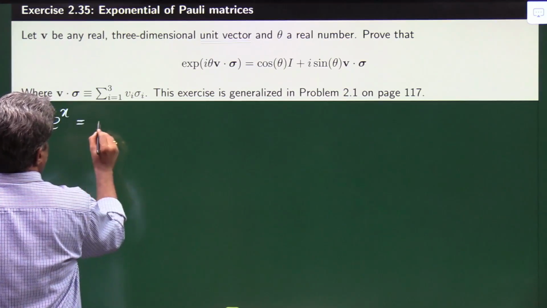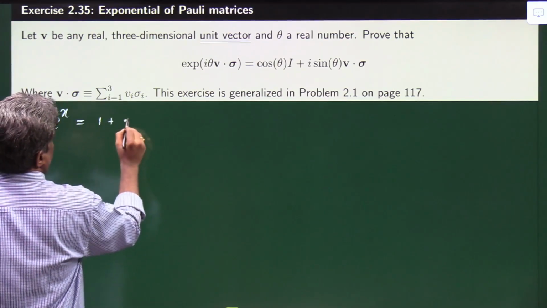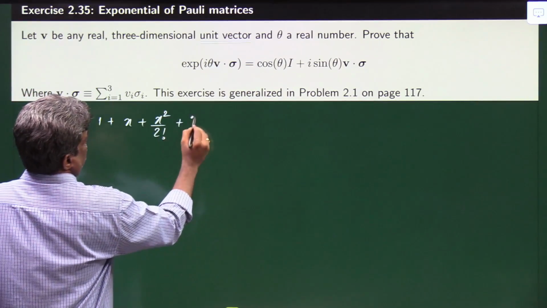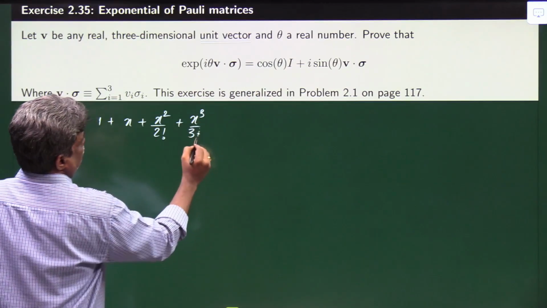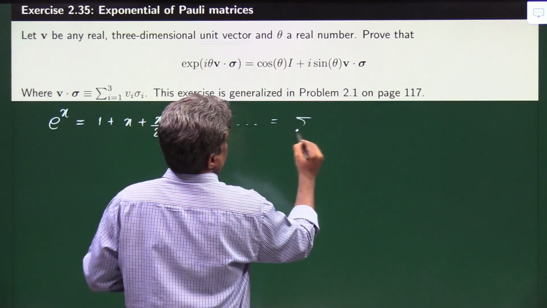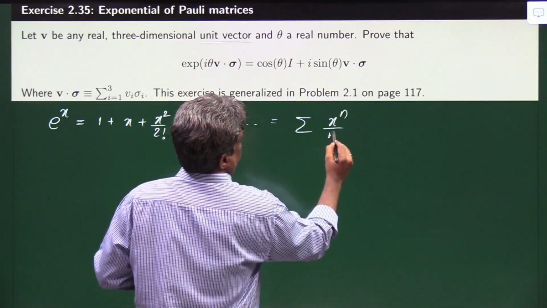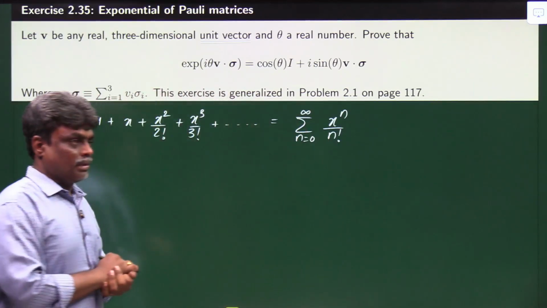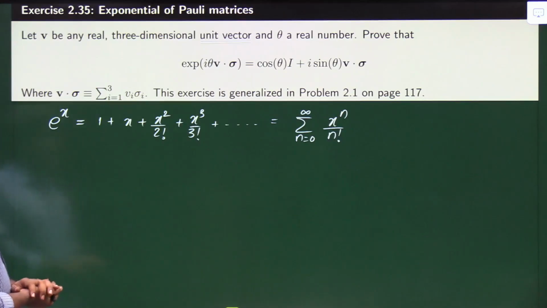E raised to x is equal to 1 plus x plus x square by 2 factorial plus x cube by 3 factorial, plus so on. We can write this as a summation x power n by n factorial, where n equals 0 to infinity. This is e raised to x expansion.